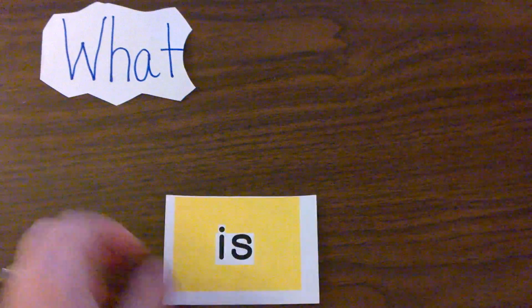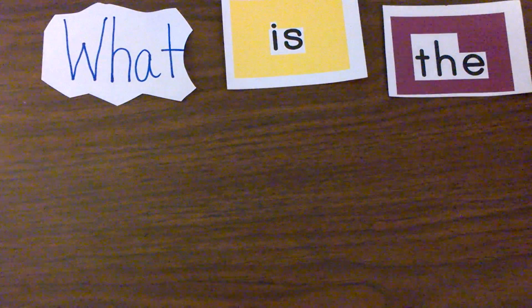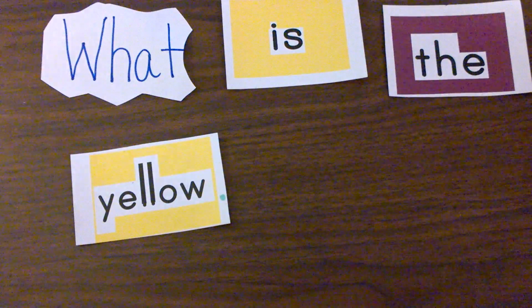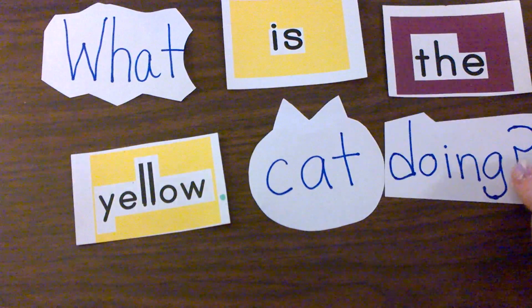This sentence is about a cat. It's a question, so we'll start with our question word, what? But we have to make sure that we start with a capital letter at the beginning of the sentence. What is the yellow cat doing?